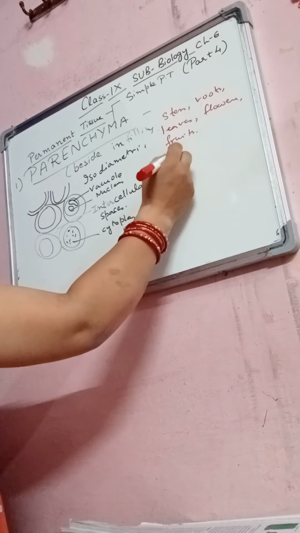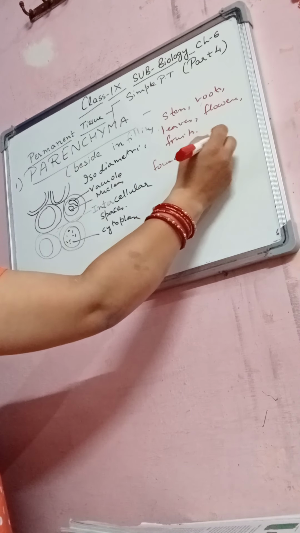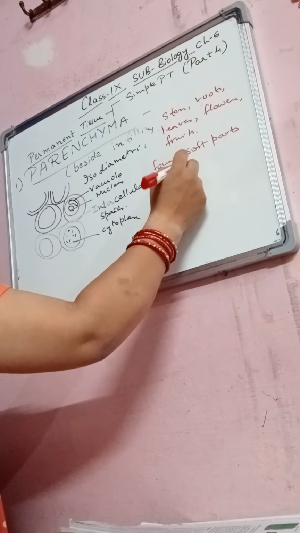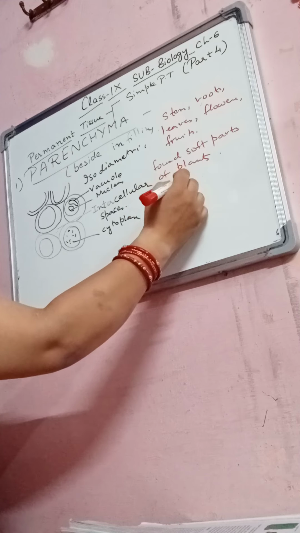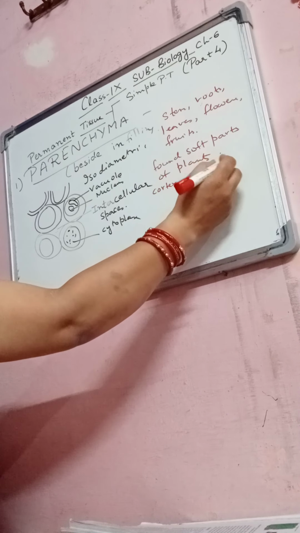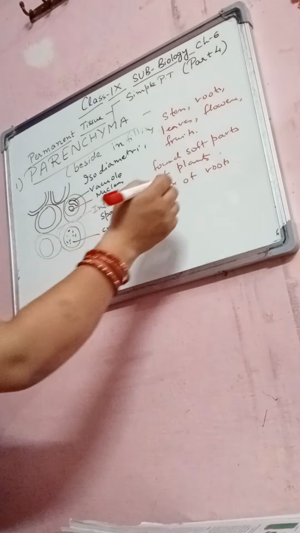That means it is found in the soft parts of plants, like the cortex of roots, ground tissue in stem, and mesophyll of leaves. Its function is to serve as a packaging tissue to fill the spaces between the tissues, and it can maintain the shape.